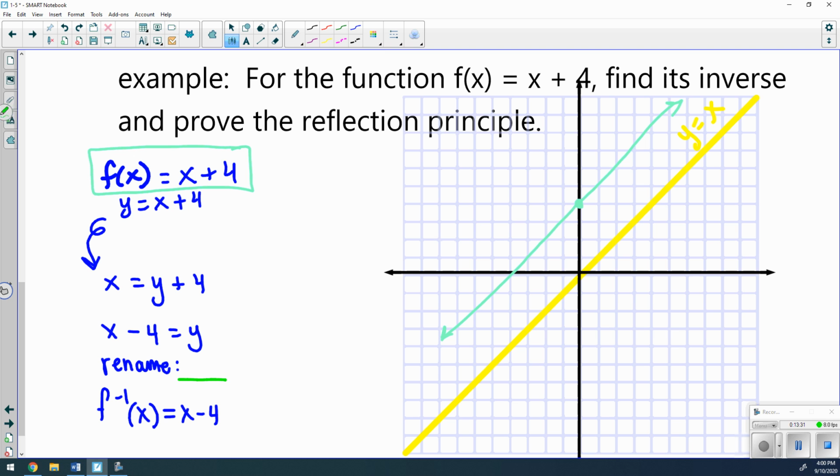This inverse is x minus 4, so I'm going to start at negative 4, then over 1, up 1, still the same slope. And if I were to fold this graph over that yellow line, y equals x, the green line would lie right on top of the blue line and vice versa.